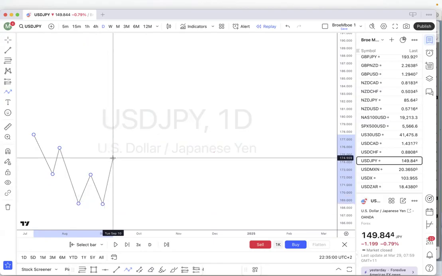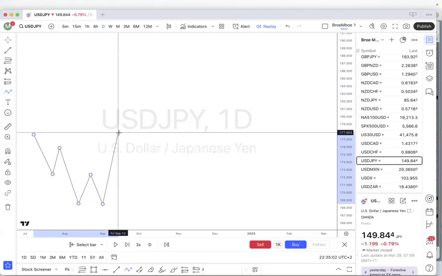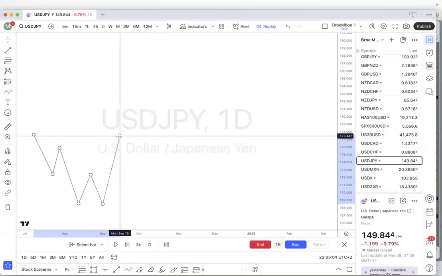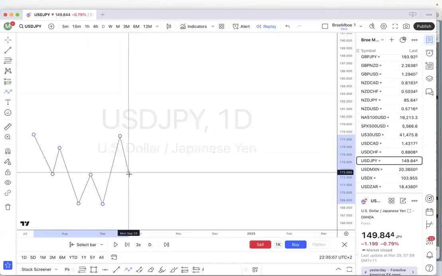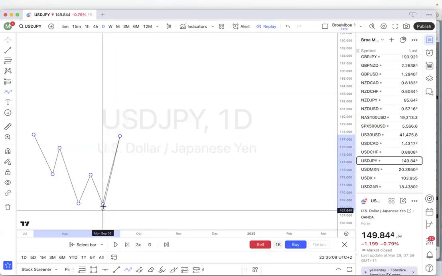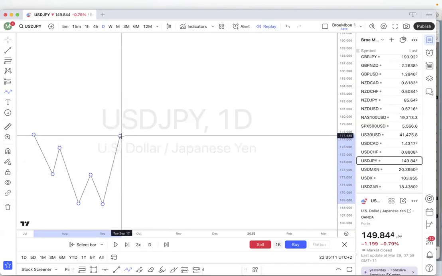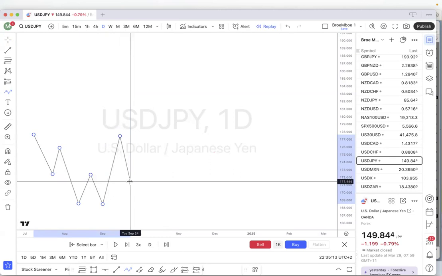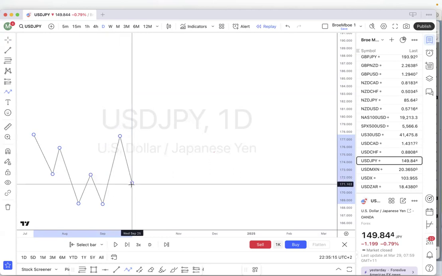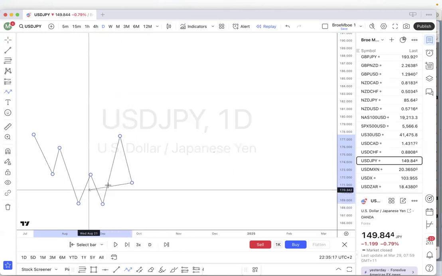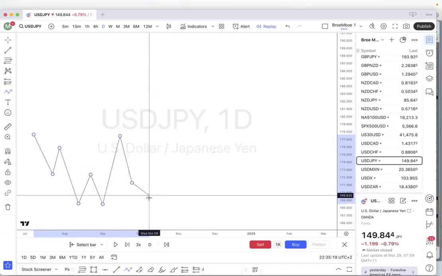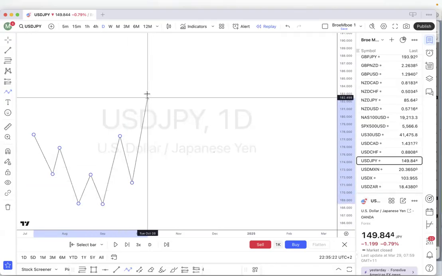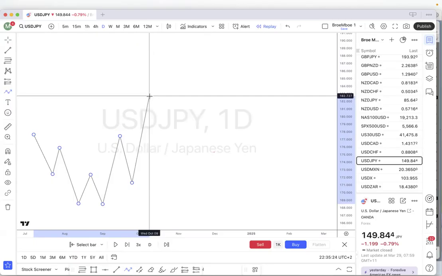I will gladly watch the 4 hour and see if it takes out that high. And then if maybe it has gone 3 levels up, I can book profits and wait for them to come back here. Or I will wait for the 4 hour to make this entire setup so I can then look for a buy.